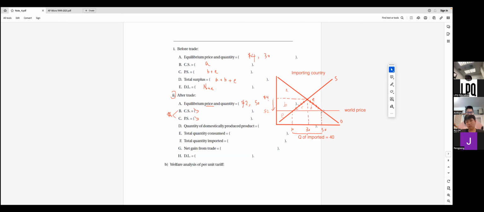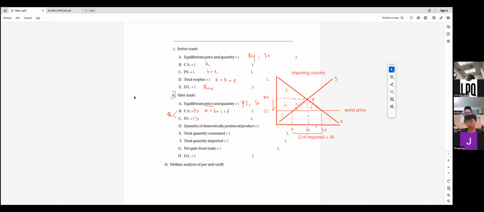All the areas below the demand curve, above the price line, and on the left-hand side of a quantity. So which labels? So A, B, C, and D, right?